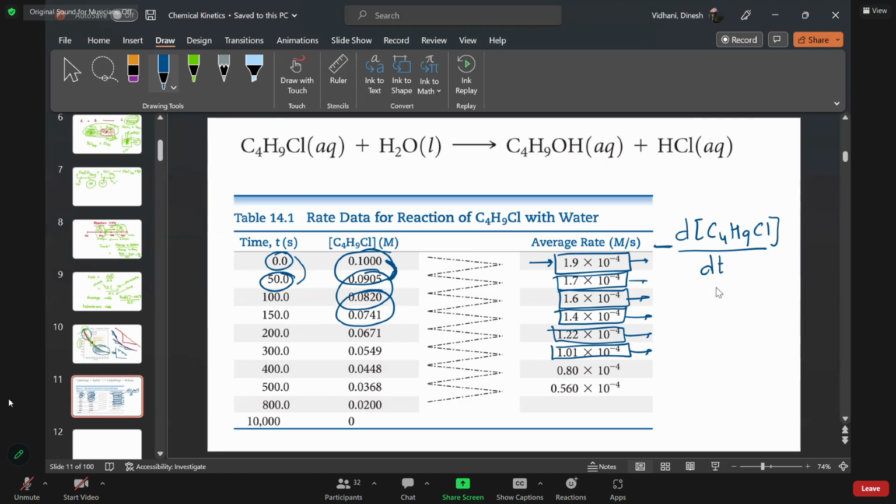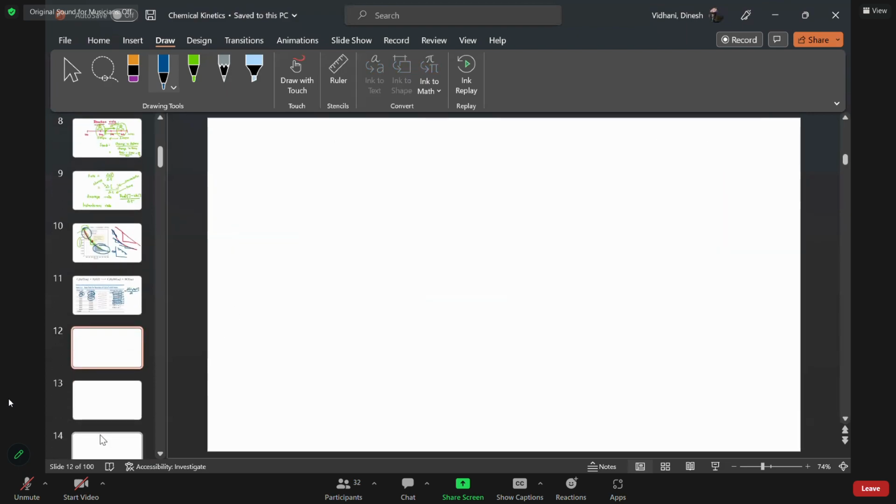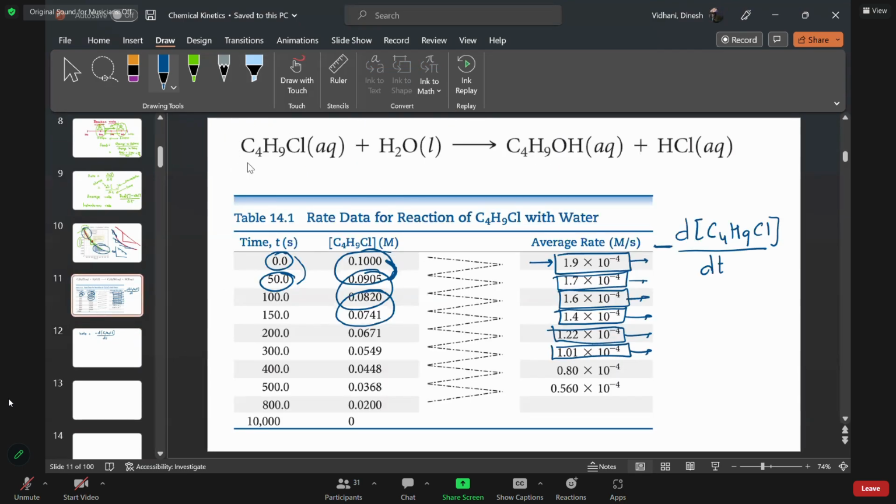Now, if I write down the rate of this reaction, that's going to be the change in concentration of my reactant. But then the rate of this reaction in terms of change in concentration of reactant should also reflect the change in concentration of product, because I am using up my reactant, but at the same time I am also generating my product, right?